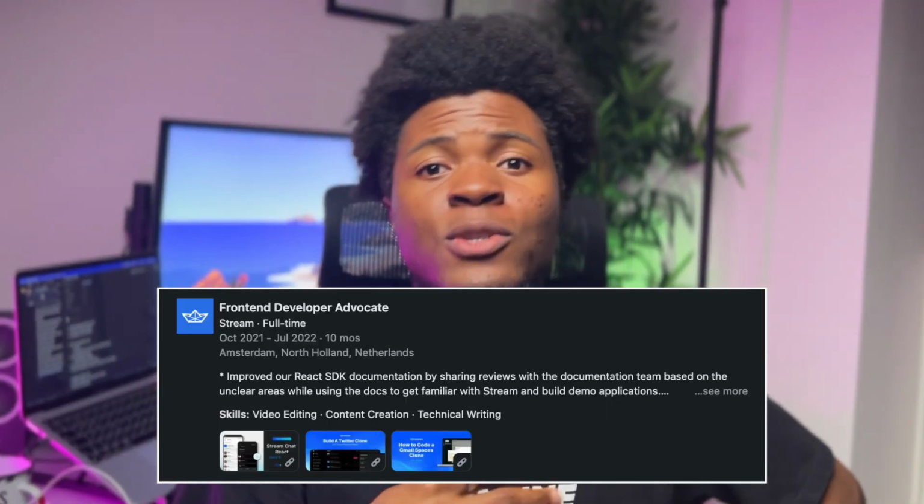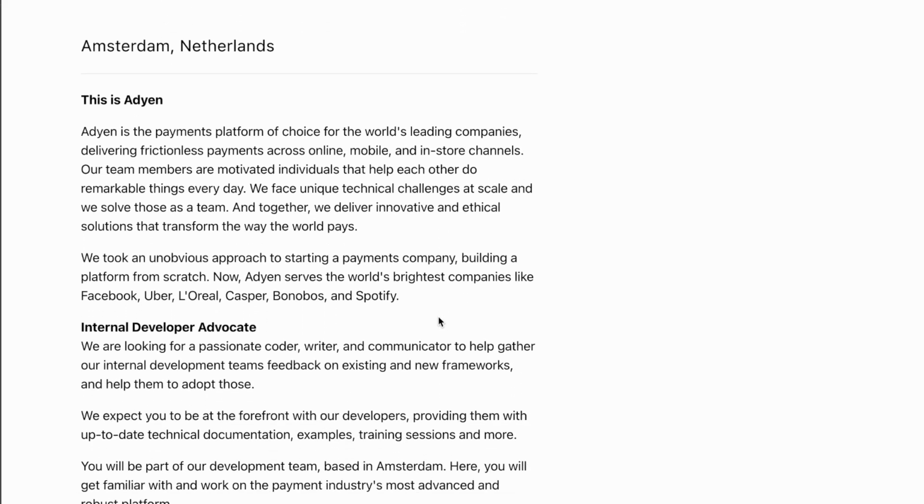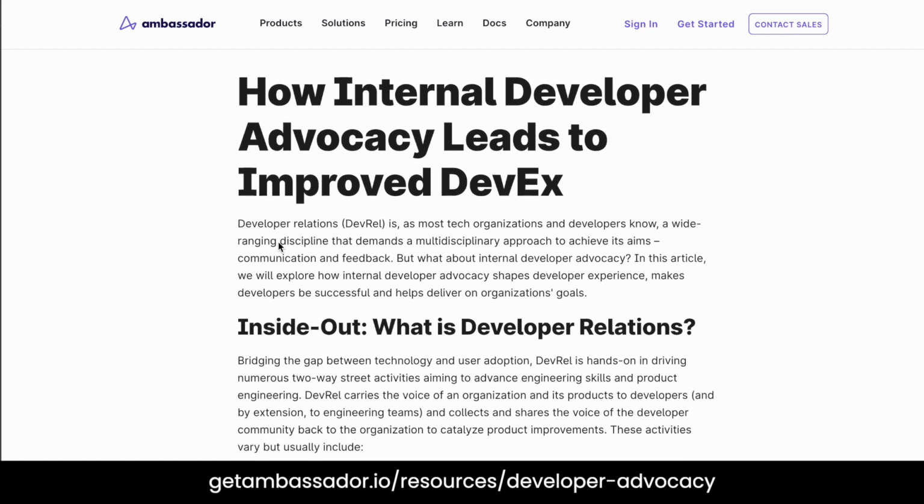Back to internal developer advocacy. In my previous role, I used to be a developer advocate, and now I was looking for my next role, and I came across this job, internal developer advocacy, and I was like, internal developer advocate, since when? And I remember trying to research what this role was all about, and I found this article on getambassador.io.